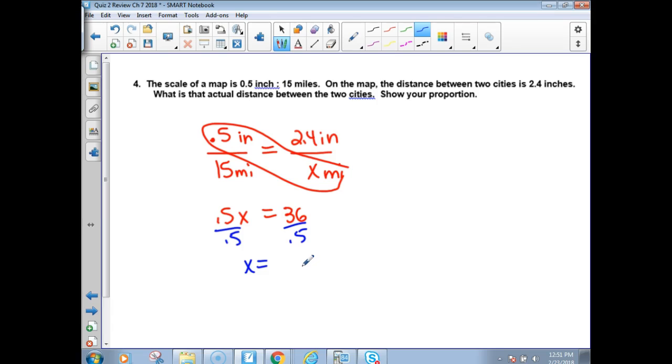It is not. If you actually were to divide by 0.5, which is a half, you would take 36 times the reciprocal of 2. Actually, when you type on your calculator 36 divided by 0.5, you're going to find out it is 36 times 2, 72. Oops, and that was supposed to be in miles. We should have a label on that.